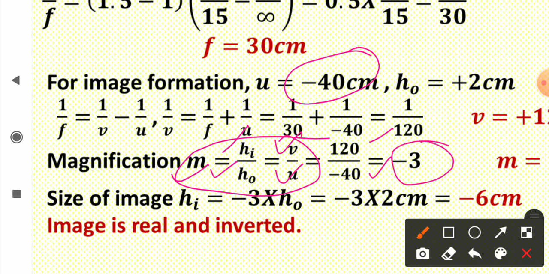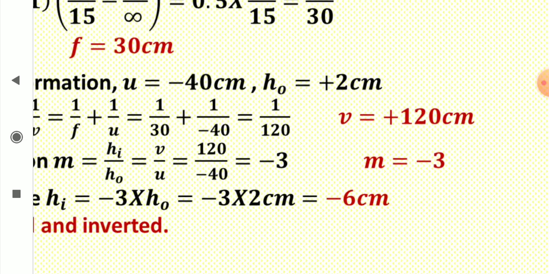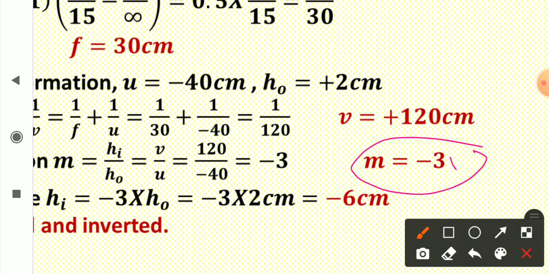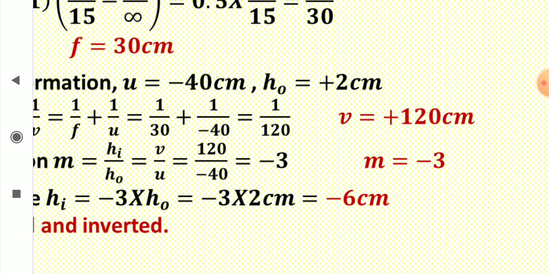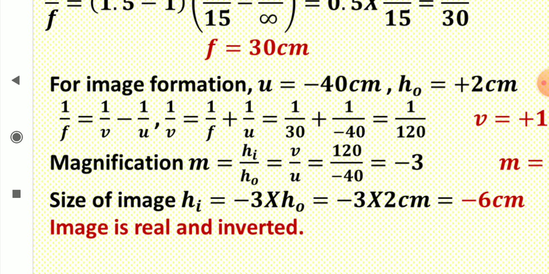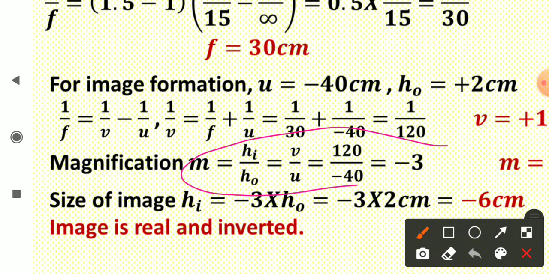So the magnification is negative, and since it is negative, the image is real. From this relation, the size of the image will be equal to the size of the object times minus 3.